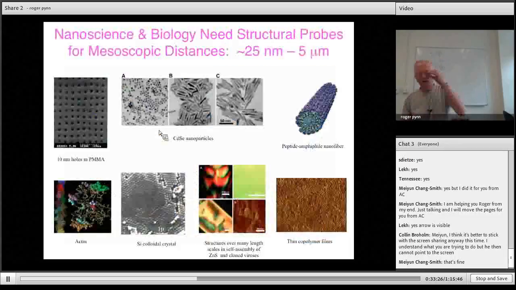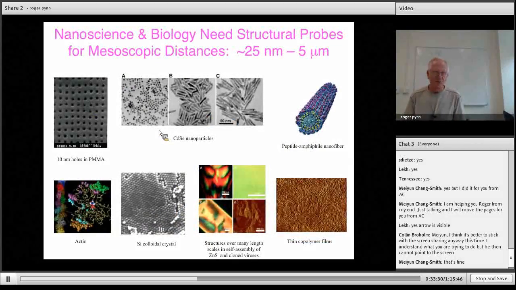So now I want to talk a little bit about a use of tilted fields which has nothing to do with energy transfer. What we're going to do now is to use it to do essentially small angle neutron scattering.